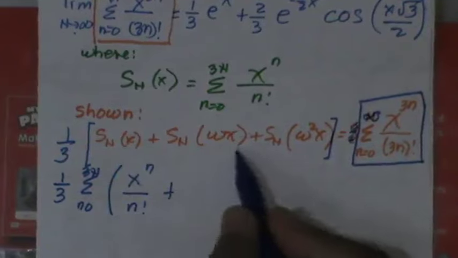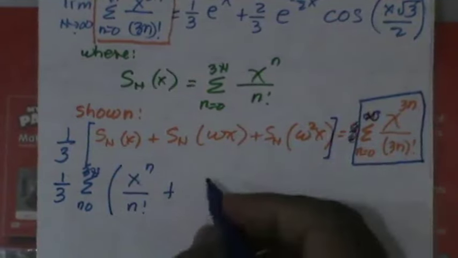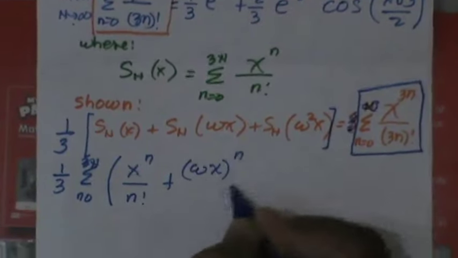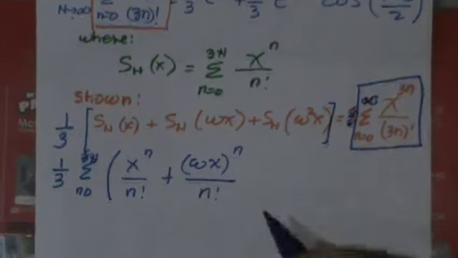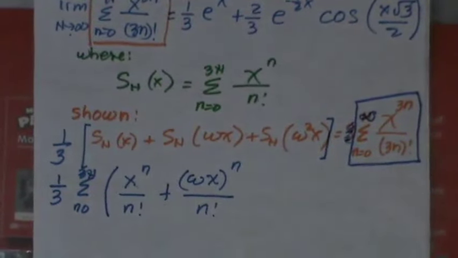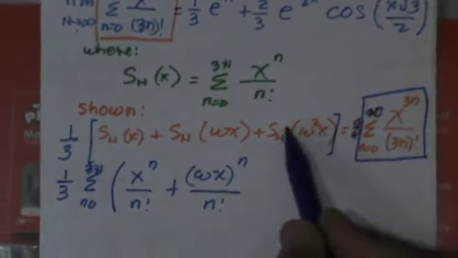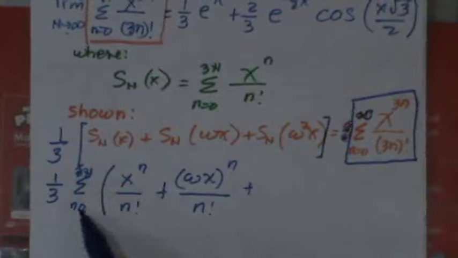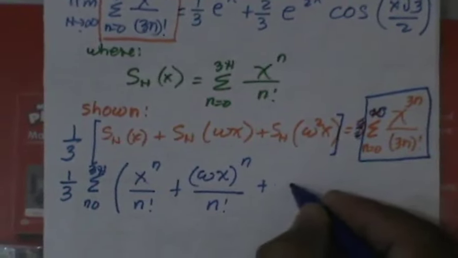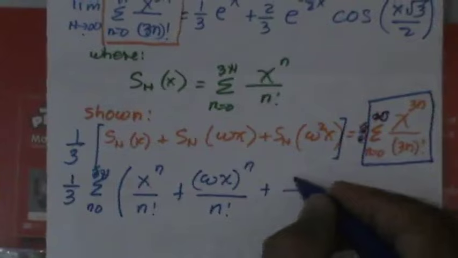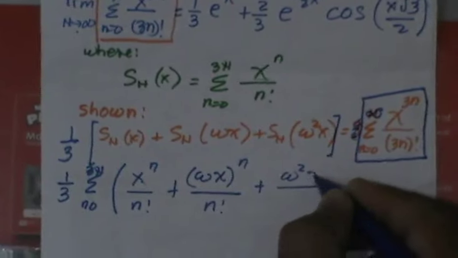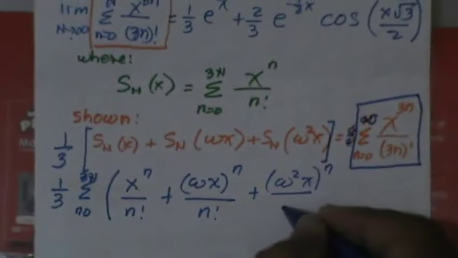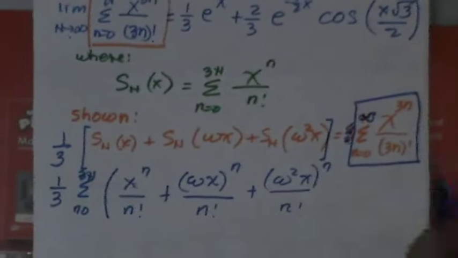Plus, this one here is the sigma of omega x to the n over n factorial. Okay? And then this portion here, by using this definition, is the sigma of omega squared x to the n over n factorial.